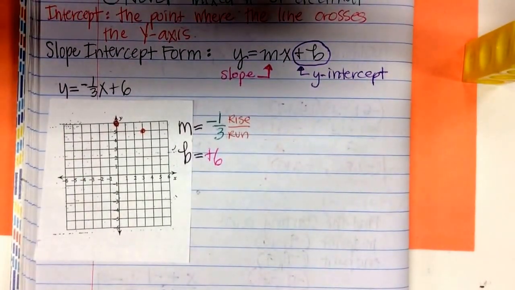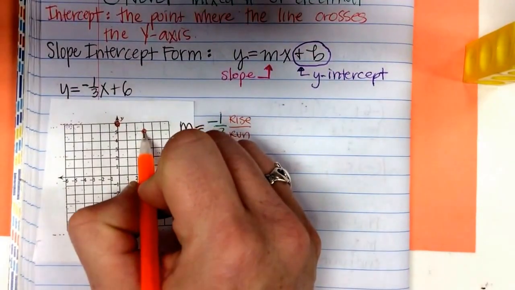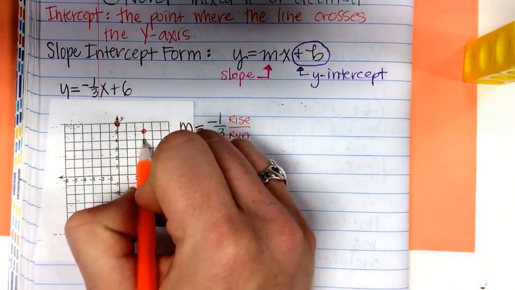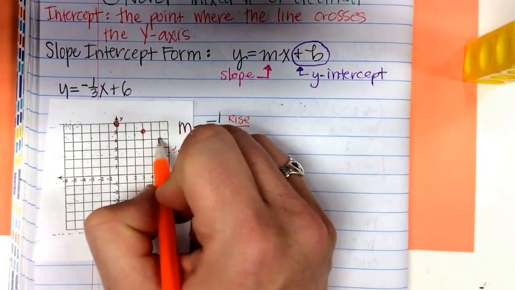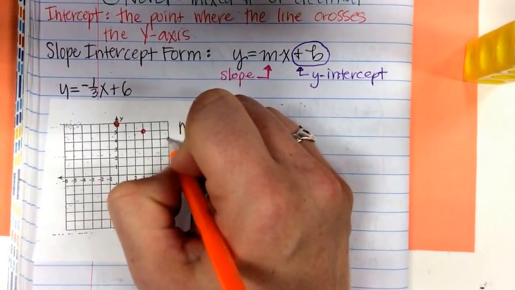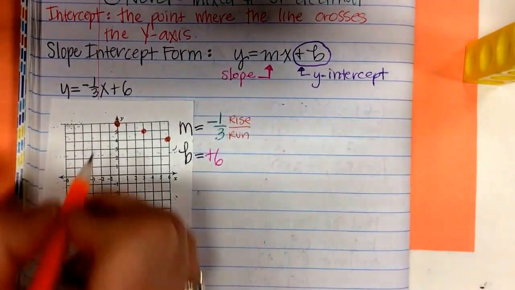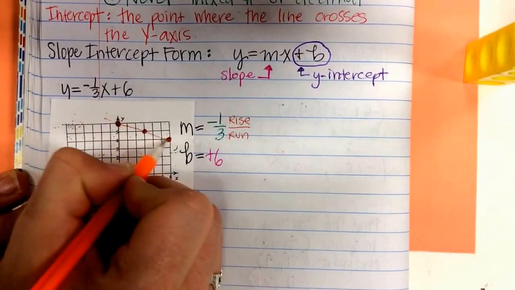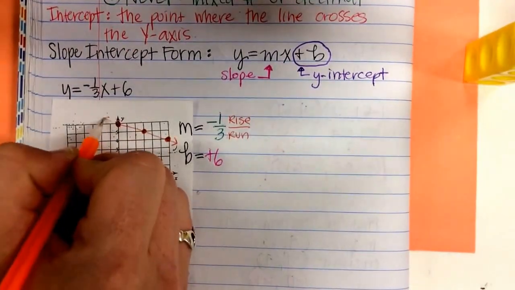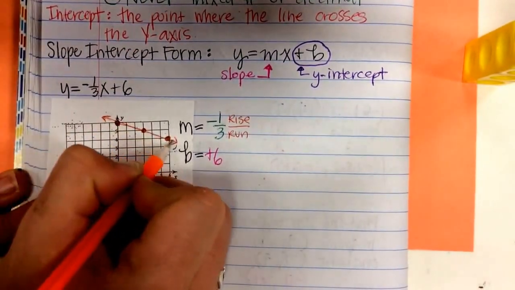My rule of thumb is you need 3 dots if it's possible. So let's do it again. Negative 1 over 3. And then I connect to make my line.